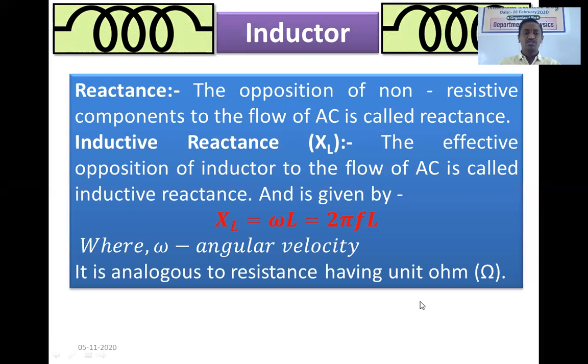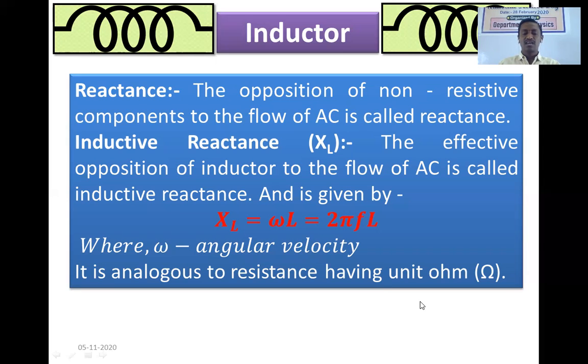and the effective opposition of an inductor to the flow of AC is called inductive reactance and is given by XL equals omega L, where omega is the angular velocity having value 2 pi f. So inductive reactance is given by 2 pi fL, where f is the frequency of the AC signal applied to the inductor, and this reactance is analogous to resistance.